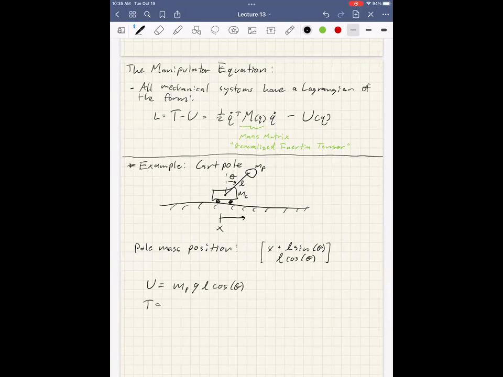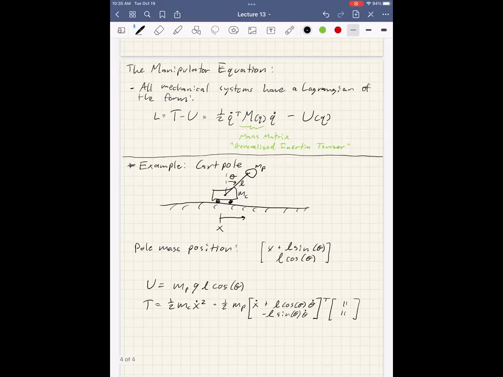So we have the kinetic energy of the cart, which is just 1/2 mass of the cart x dot squared. Then we've got a 1/2 mv squared thing for the pole. I'm going to take the time derivative of this guy and then square it. So that's going to be x dot plus L cos theta theta dot, and then minus L sine theta theta dot, and then I'm going to square this guy.